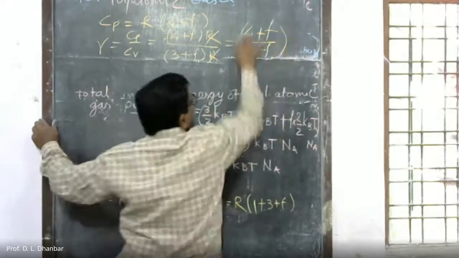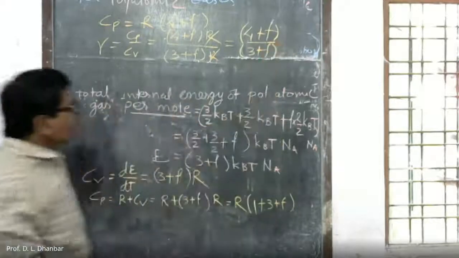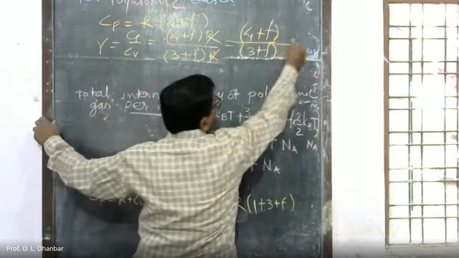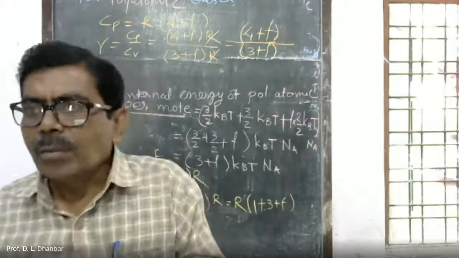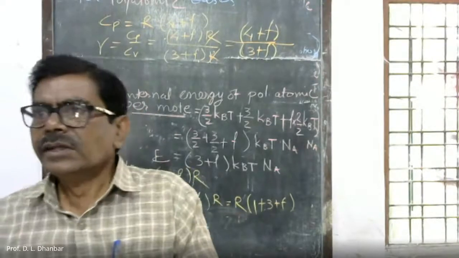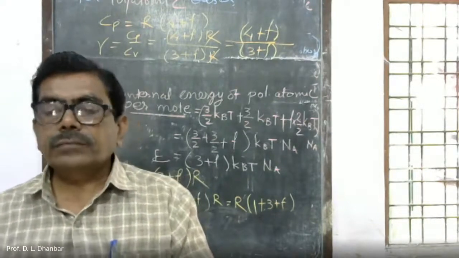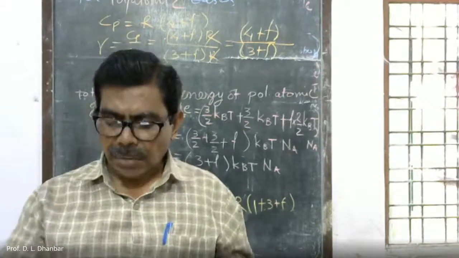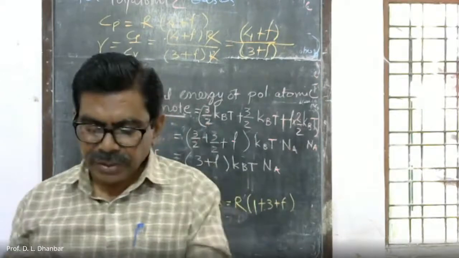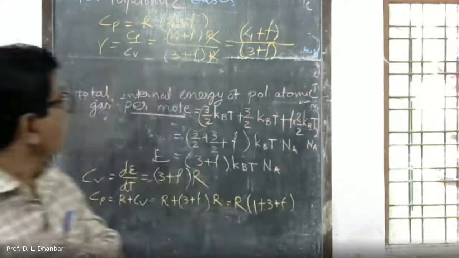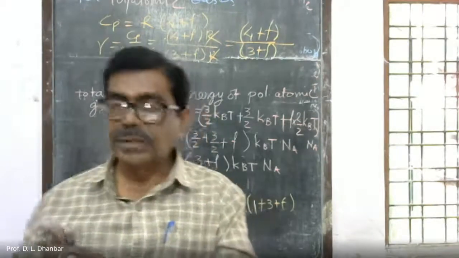So this is the ratio of two specific heats for polyatomic gas, meaning a gas having more than two atoms. Such a gas is called a polyatomic gas. And this is about monoatomic, diatomic, and polyatomic gases. So here we got the equation 4 plus f divided by 3 plus f.